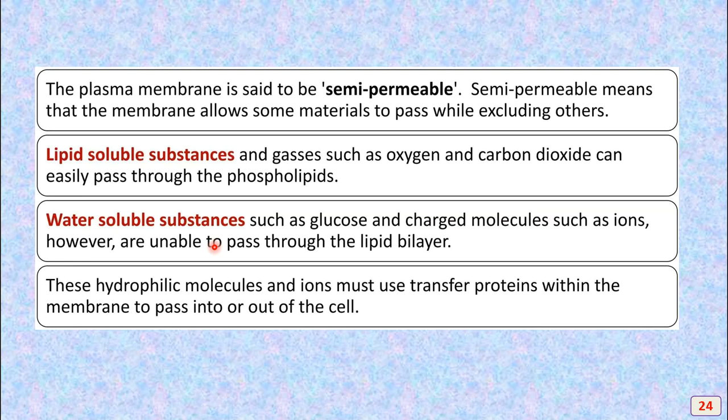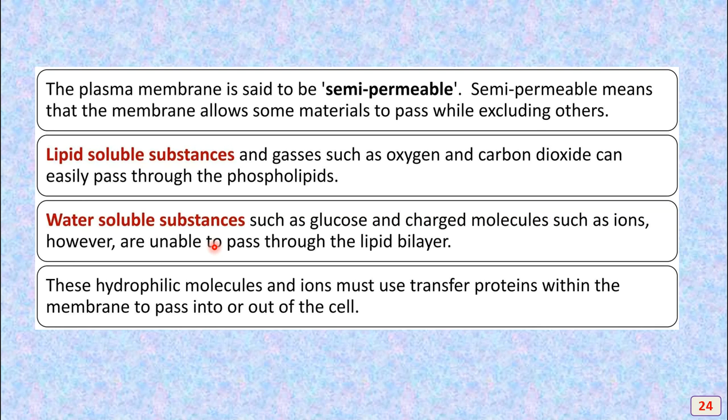Then the plasma membrane is called the semi-permeable membrane. Semi-permeable means that the membrane allows some material to pass inside while excluding other things. So it is called semi-permeable.